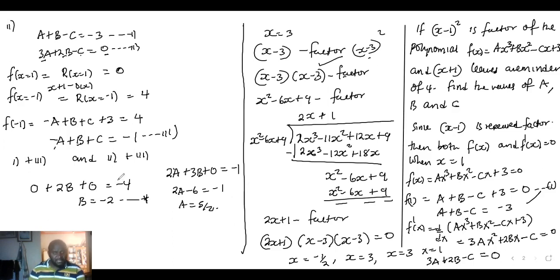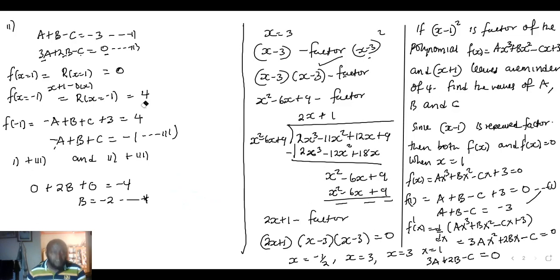Teacher, when you put 3 here, 4 minus 3 is equal to 1. 4 minus 3, where? It's here. On which equation? When I'm solving the equations, no, negative A plus B plus C plus 3 is equal to 4.